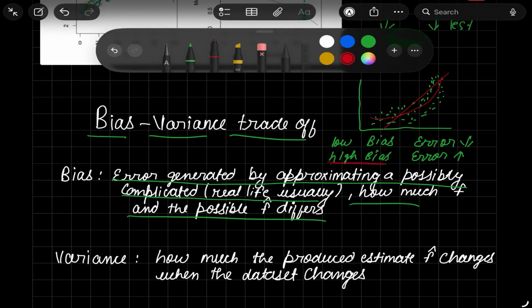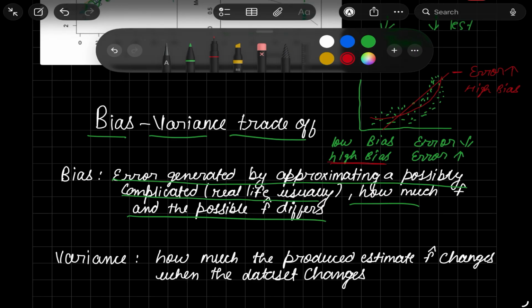It was high bias because the error is high when we make a linear assumption on data which is curved. But if we had assumed the data is curved, then our bias would be low, because the error is low and our assumption was correct.